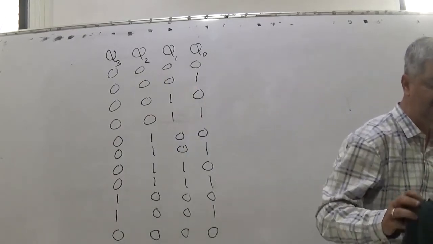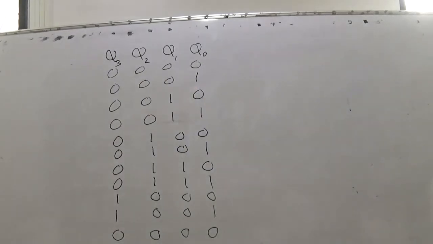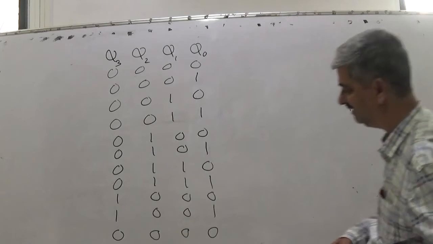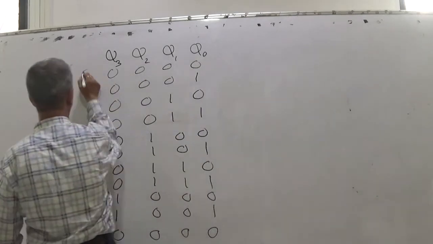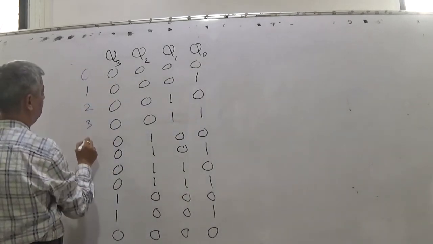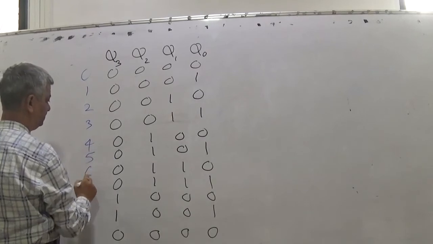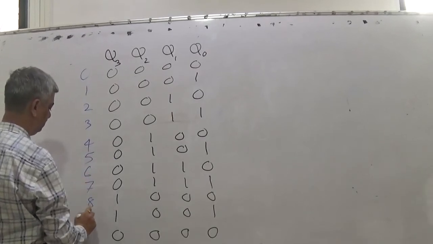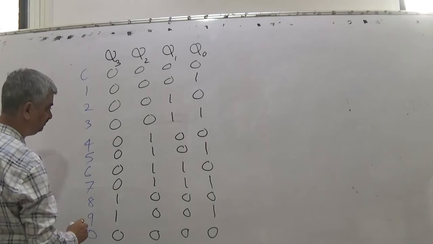Being a decade, it is obvious that it will have 10 states from 0 0 0 0 to 1 0 0 1, and then again 0. This state 0, 1, 2, 3, 4, 5, 6, 7, 8, 9, and again 0.